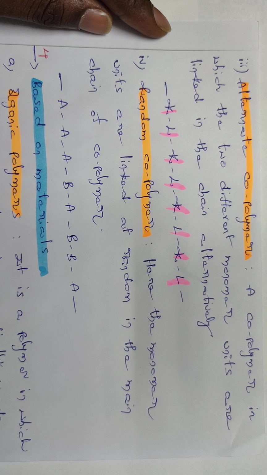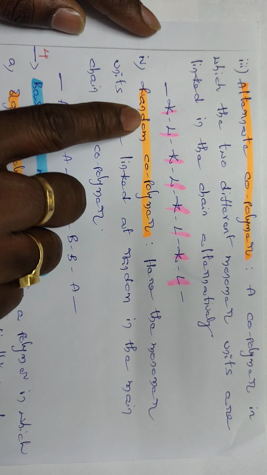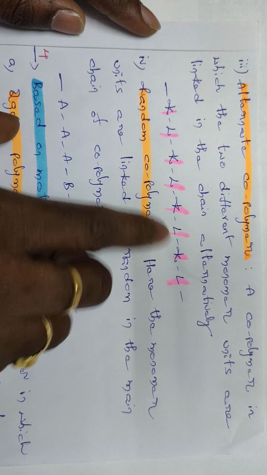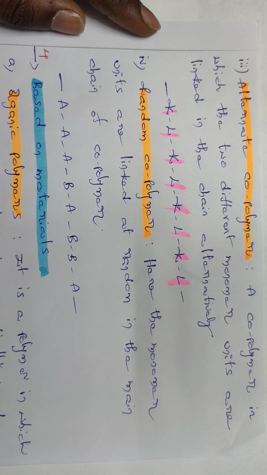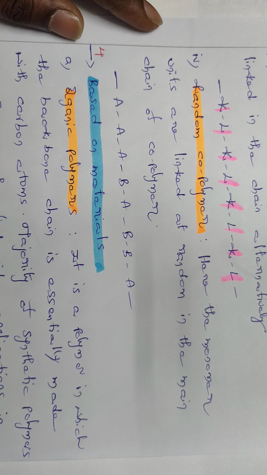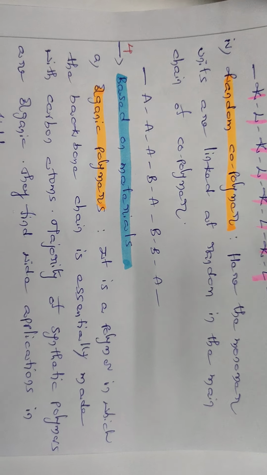Then alternate copolymers. Alternate copolymer means two or more different monomer units are repeated in alternate manner. For example, if K and L are two different monomers, KL, KL, KL, KL. If A, B, C are three different monomer units, then they are repeated as ABC, ABC, ABC. Okay. Then random copolymer. If there is no systematic arrangement, then such type of copolymers are called random copolymers.